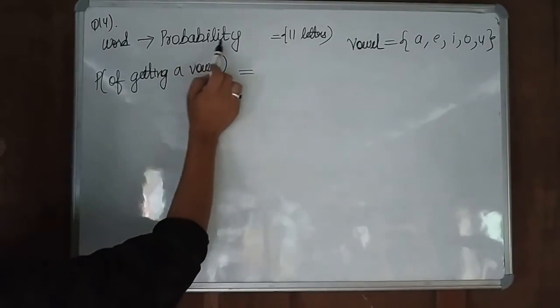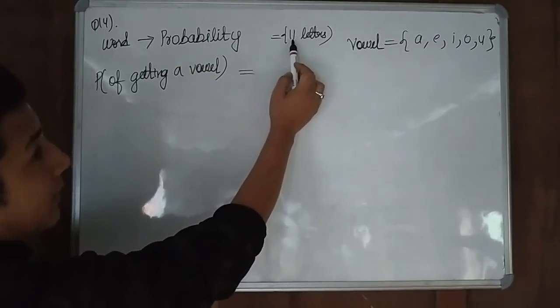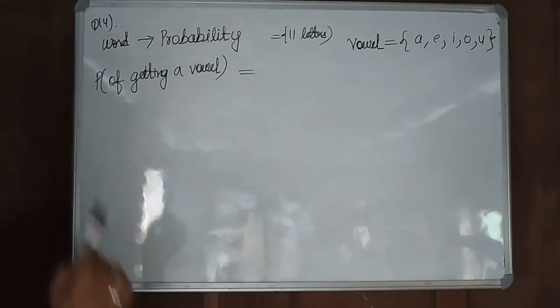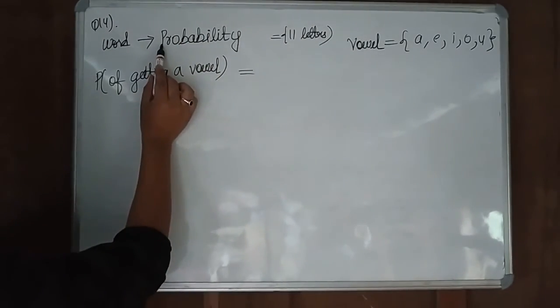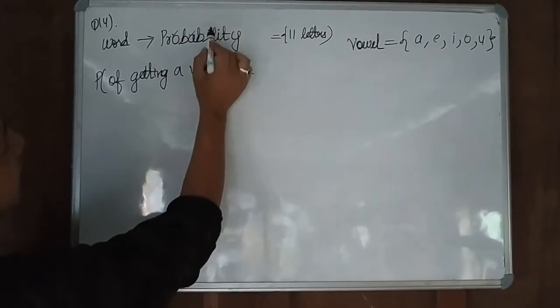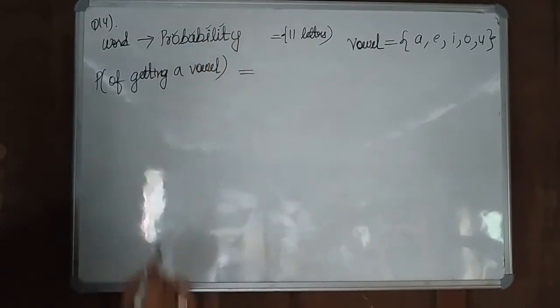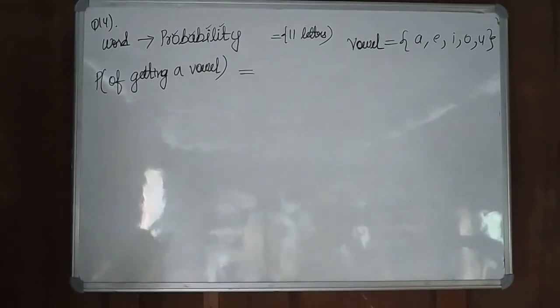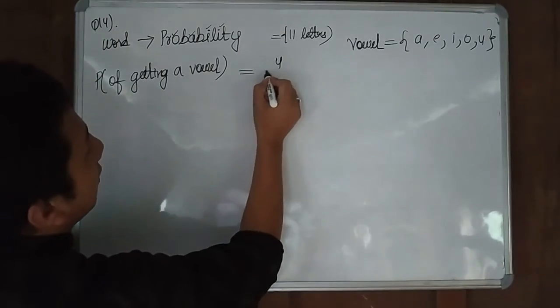The total number of letters here is 11, and let us count the vowels. P is not, R is not, but O is a vowel, A is a vowel, I is a vowel, and again I is a vowel. So the total chances of getting a vowel from the word probability is 4 out of 11.